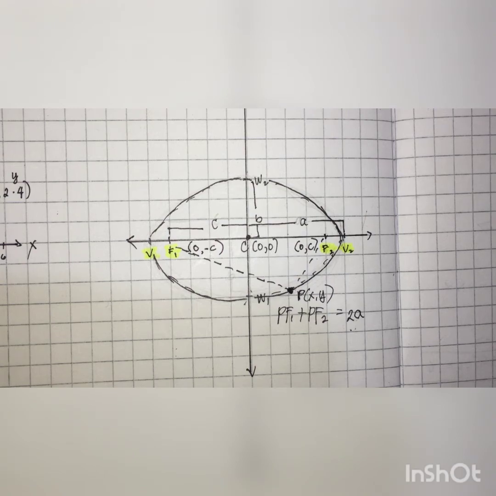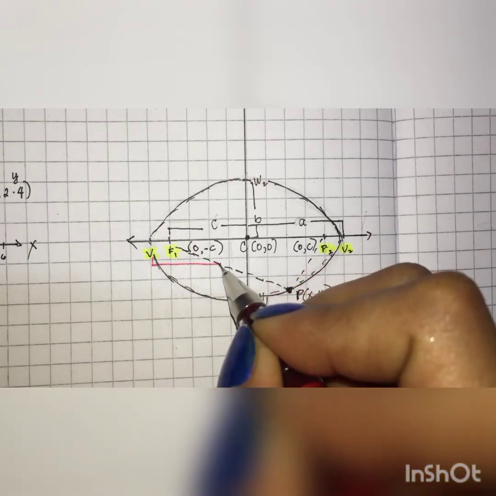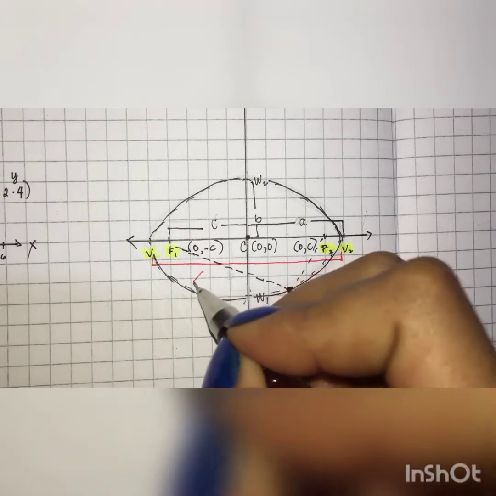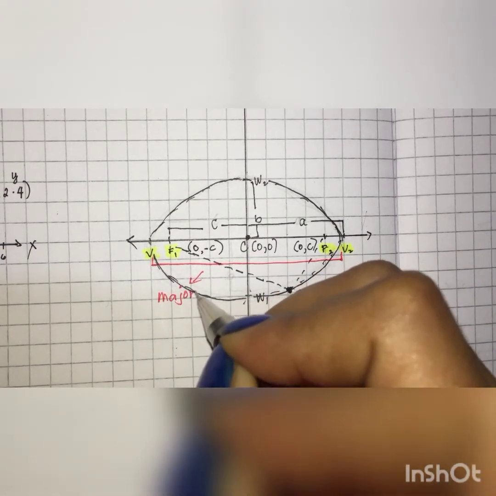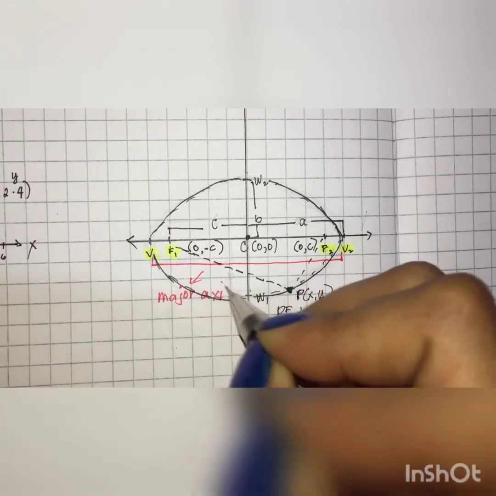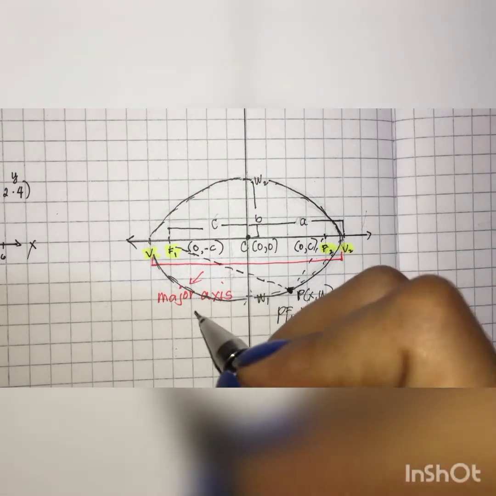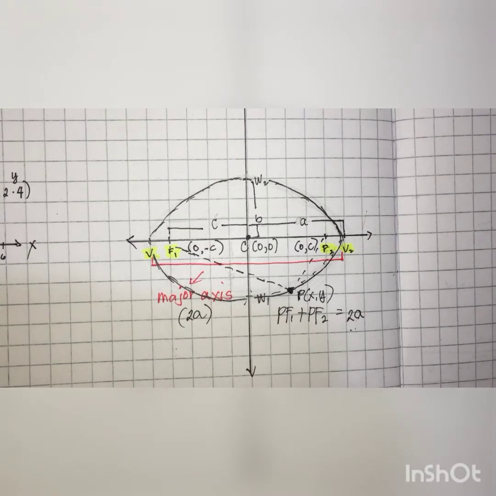So from V sub 1 to V sub 2, that is what we call the major axis, and its length is 2a. And it divides the ellipse into two congruent parts.